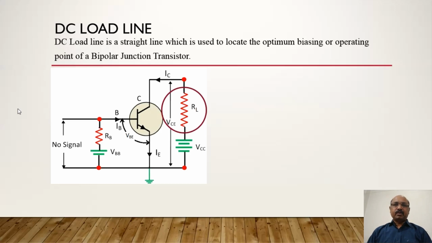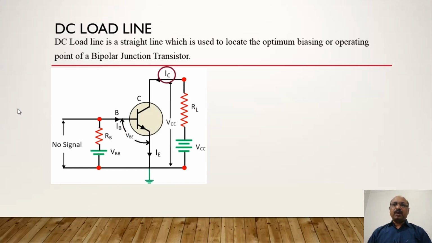You can see the emitter is common to both the input side and the output side. Therefore, we call this circuit a common emitter configuration or common emitter amplifier. The input voltage is VB, the input current is IB, the output voltage is VC, and the output current is IC.